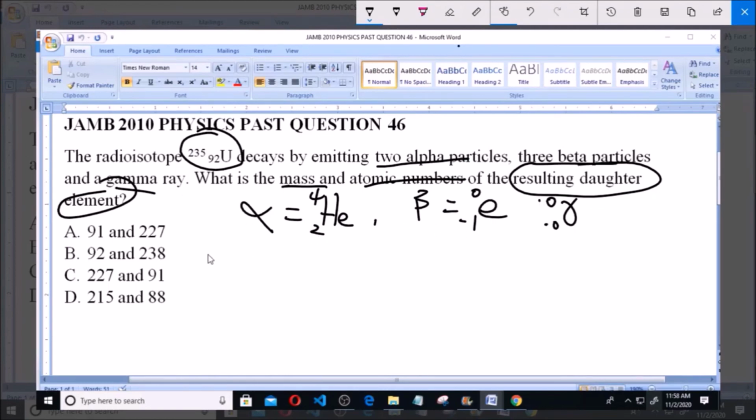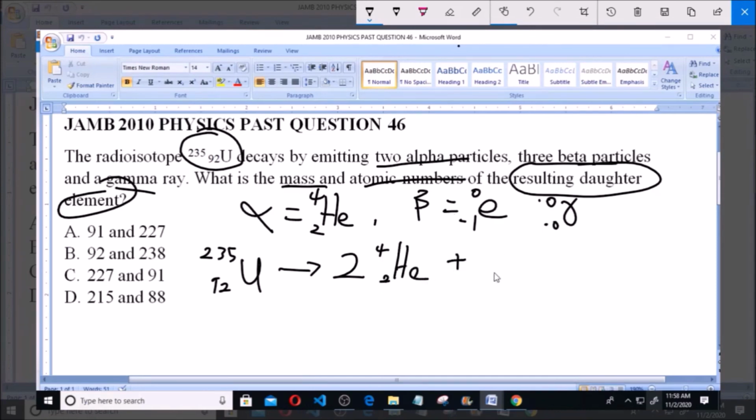Now let's look at what happens when it decays. So when uranium-235 decays, like we said, the decay involves 2 alpha particles, that's like having 2 helium atoms. So we represent that as this, 2 helium atoms.